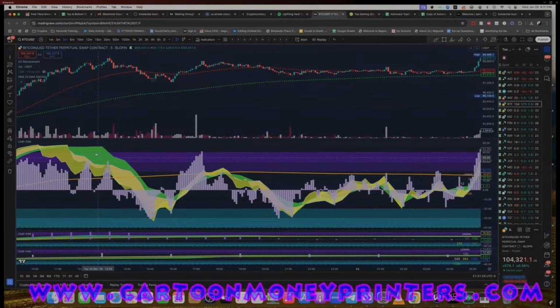Now we got a bear div. Middle of the ribbon. Middle of the ribbon. Okay. And price. Technically, I'm like over here, but let's just say here. It's basically flat.